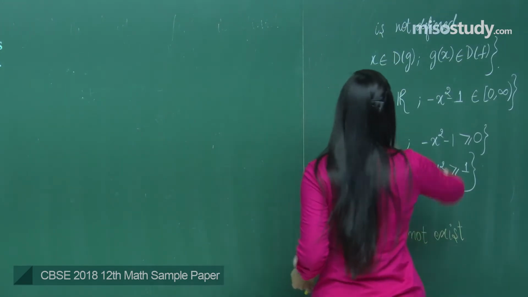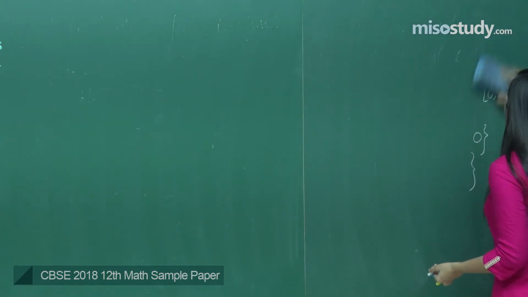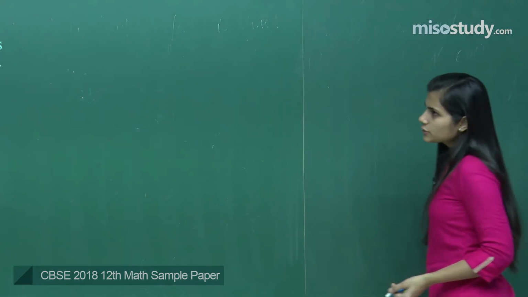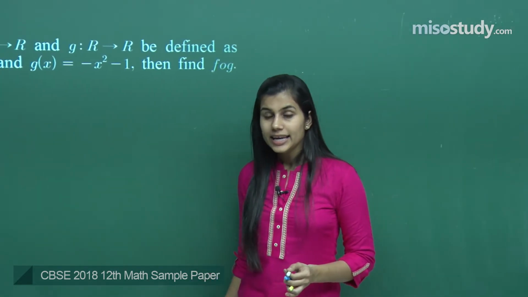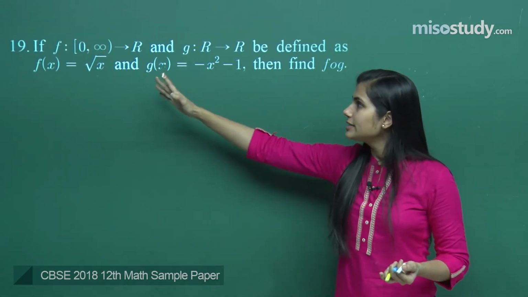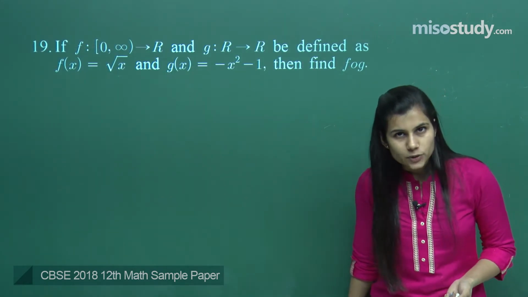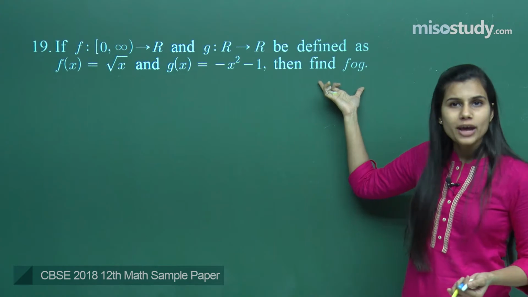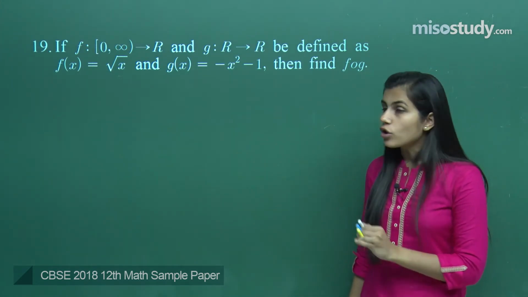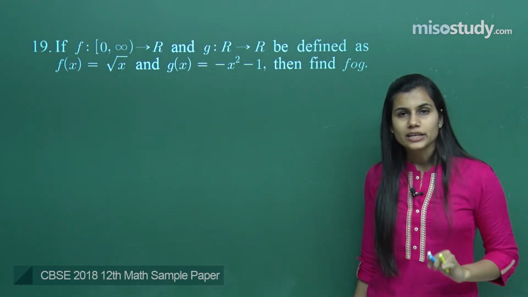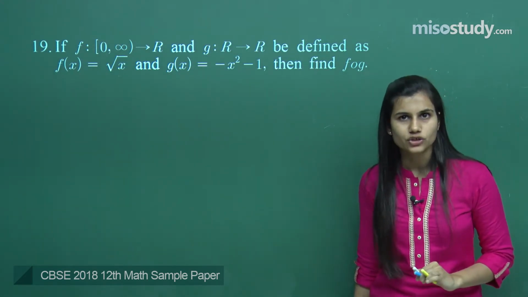That means nothing from the range of g was contained in the domain of f, and that is why FOG is not at all defined in this case. It does not even exist for this f and this g with the respective domains and codomains. And that is why the answer is that there is no FOG. Forget about finding FOG. That is what this cautious question is trying to tell you. You have to be very cautious when you're dealing with composition of functions.